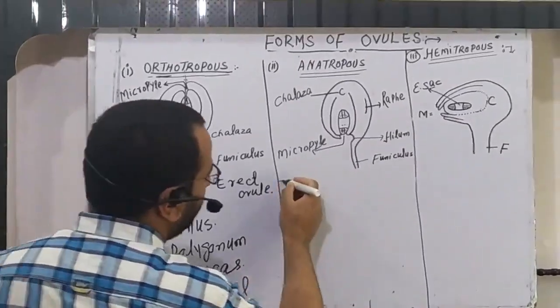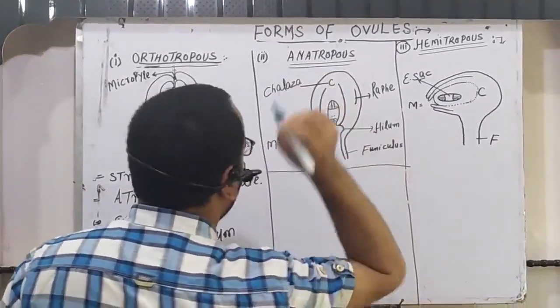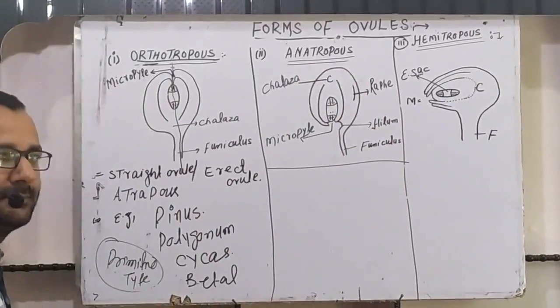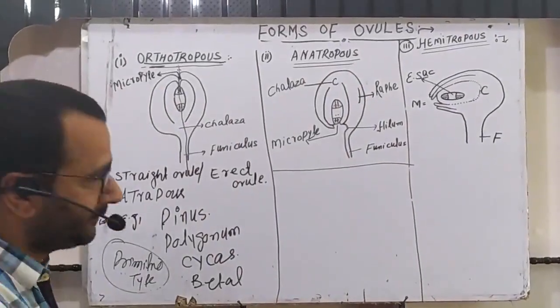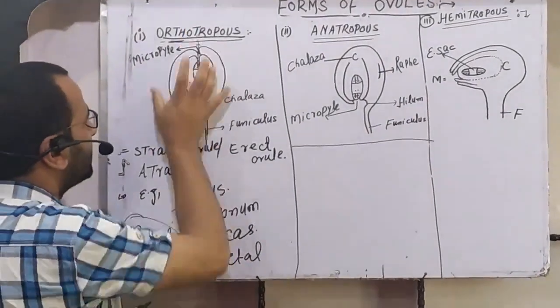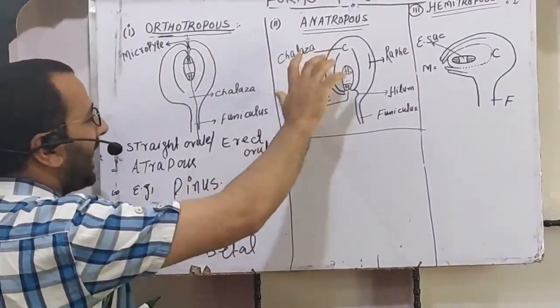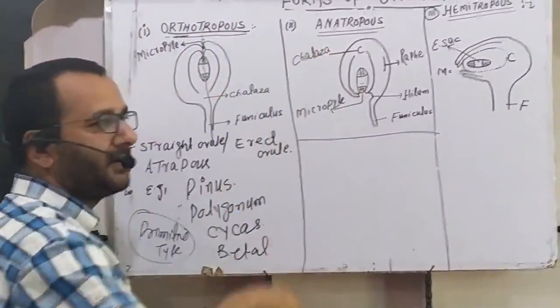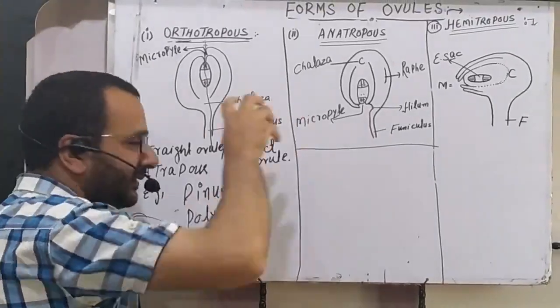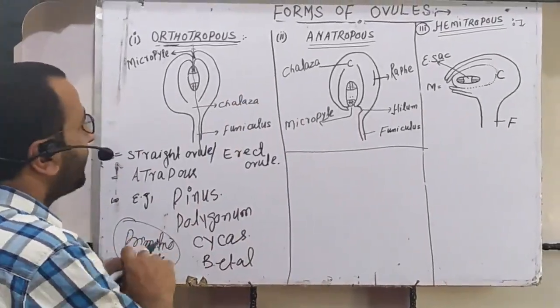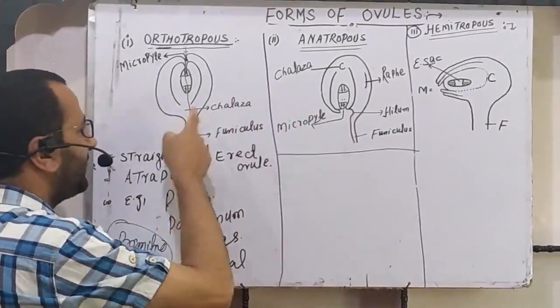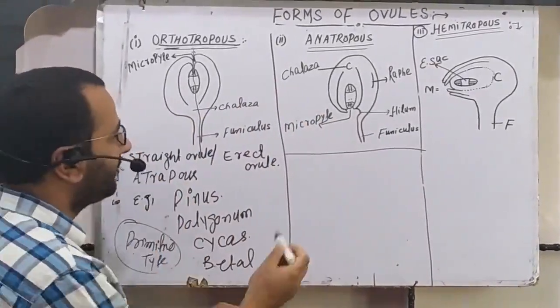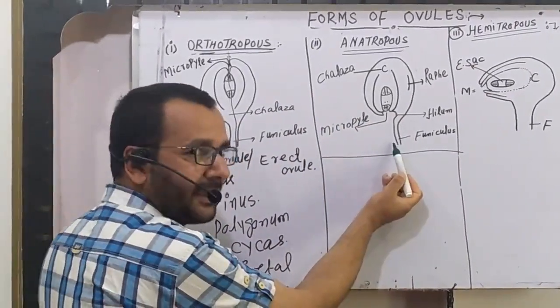Next type of ovule is anatropous ovule. Here you can see straight ovule. This is anatropous. You can see the curvature over here. It has curved. If we compare this ovule with this one, you can see this is funiculus over here.